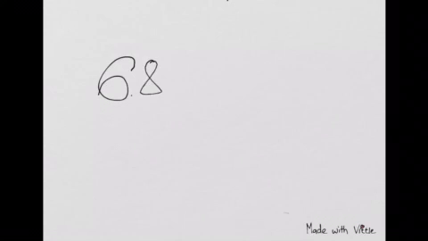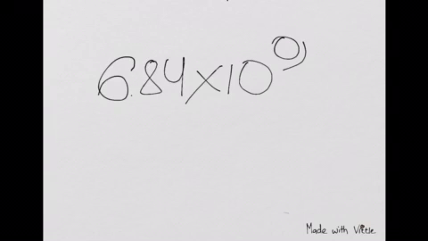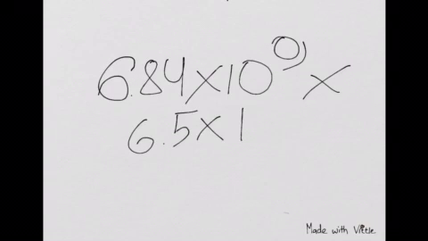Now, time to resolve the human stuff. We already got their population to be 6.84 times 10 to the power of 9, and then we just have to multiply that by 6.5 times 10 to the power of 14. Nope, sorry, I made a mistake. It was supposed to be 10 to the power of 4.